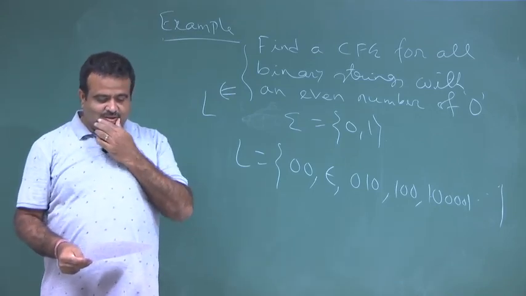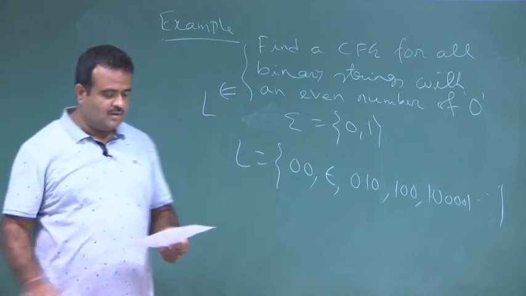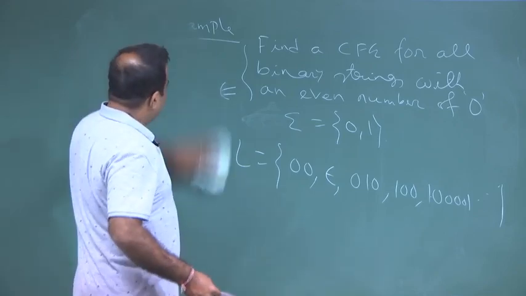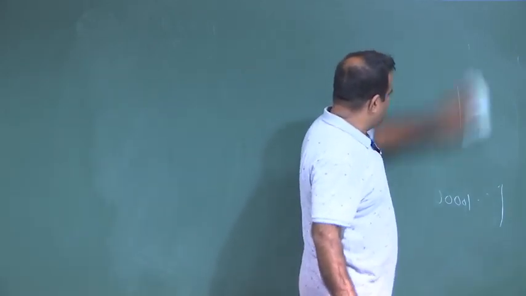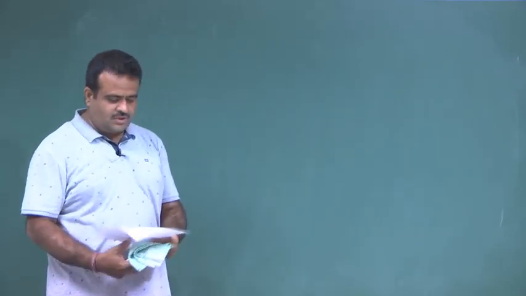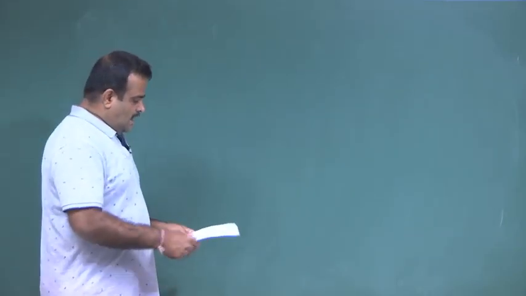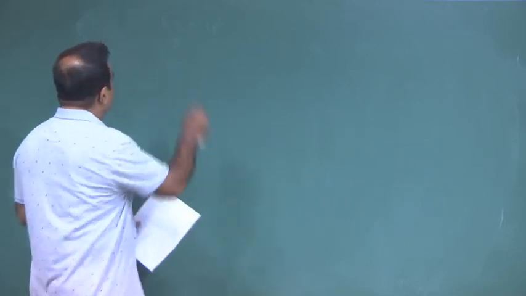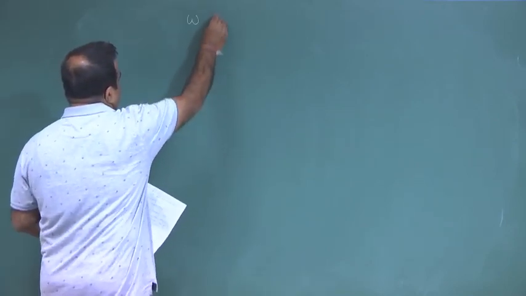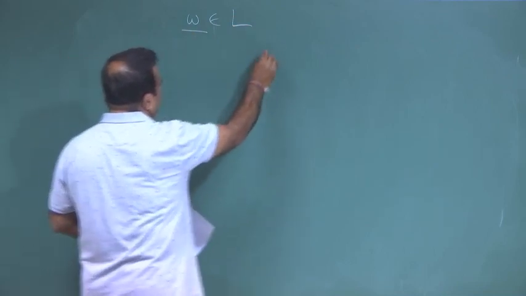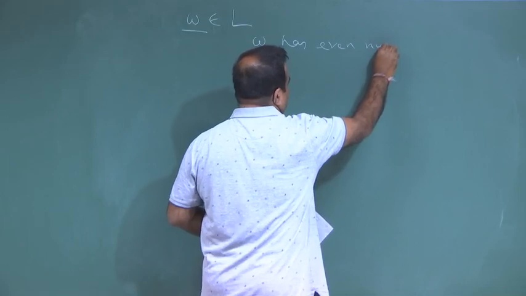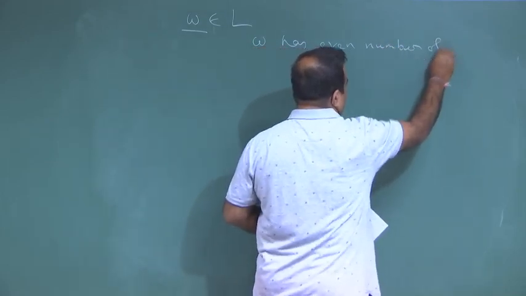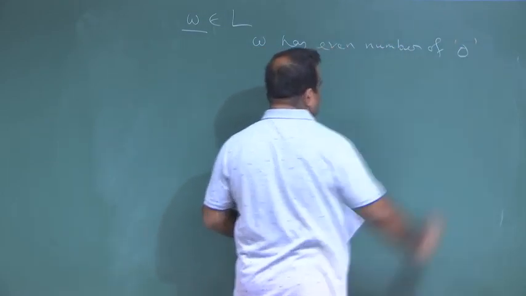That means, can we construct a grammar which can generate this L? Basically we want to decompose the string. We take a string W which belongs to L, where W has an even number of zeros.